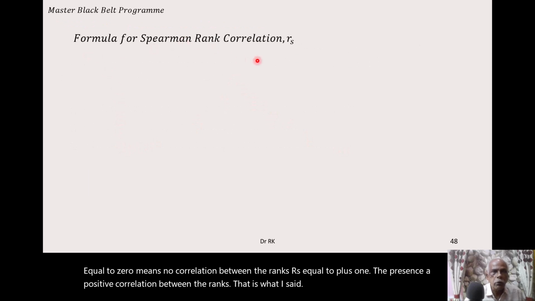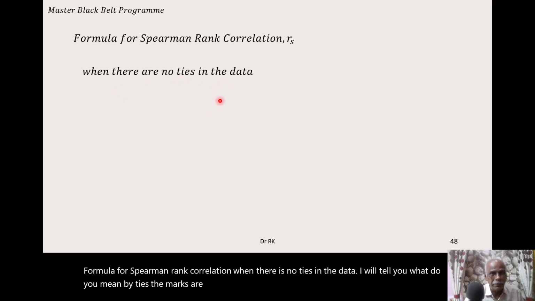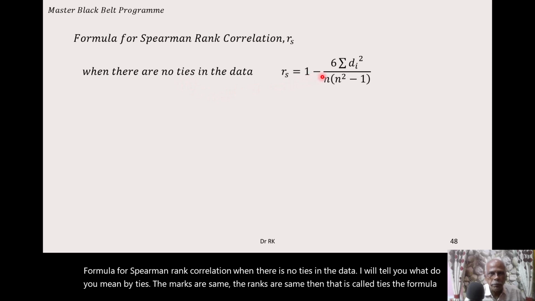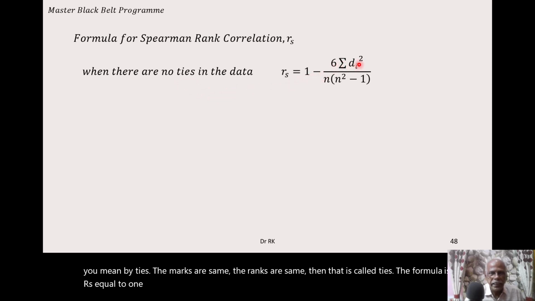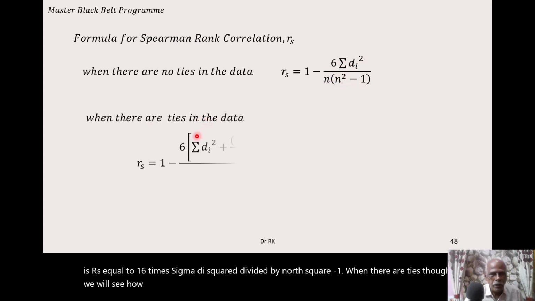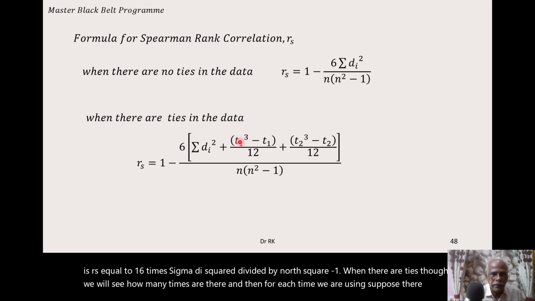Formula for Spearman rank correlation when there are no ties in the data. I will tell you what we mean by ties: the marks are the same, so the ranks are the same, and that is called a tie. The formula is RS equal to 1 minus 6 times sigma di squared divided by n into n squared minus 1. When there are ties, we see how many ties there are, and for each tie we add a term. Suppose there are 2 ties, tie 1 and tie 2.